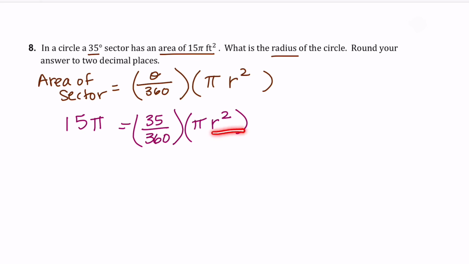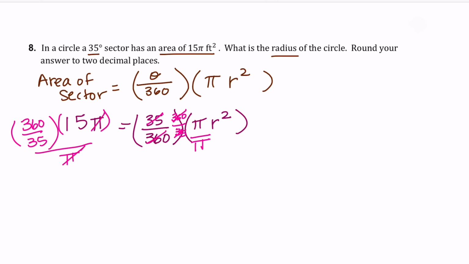We want to get r squared alone. So what we're going to do is start by doing a little trick to get rid of this fraction. We're going to times both sides by 360 over 35. And what happens is the 360s cancel and the 35s cancel. And then we're going to divide both sides by pi.